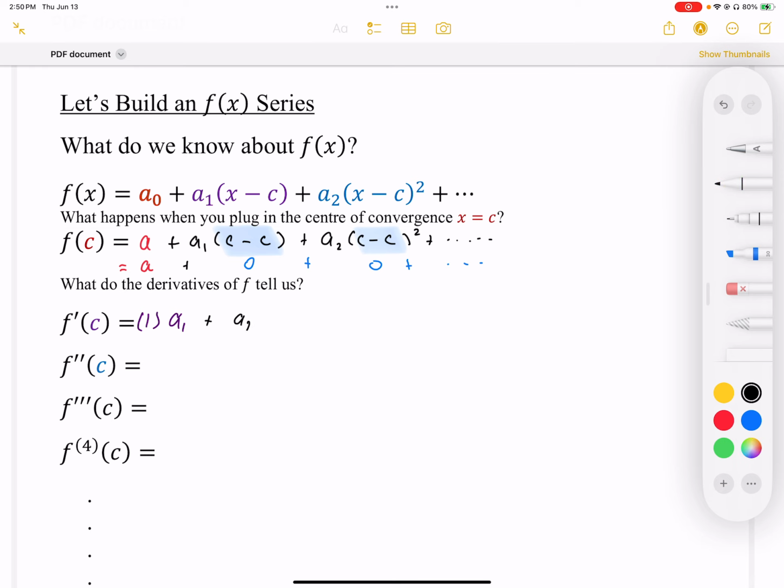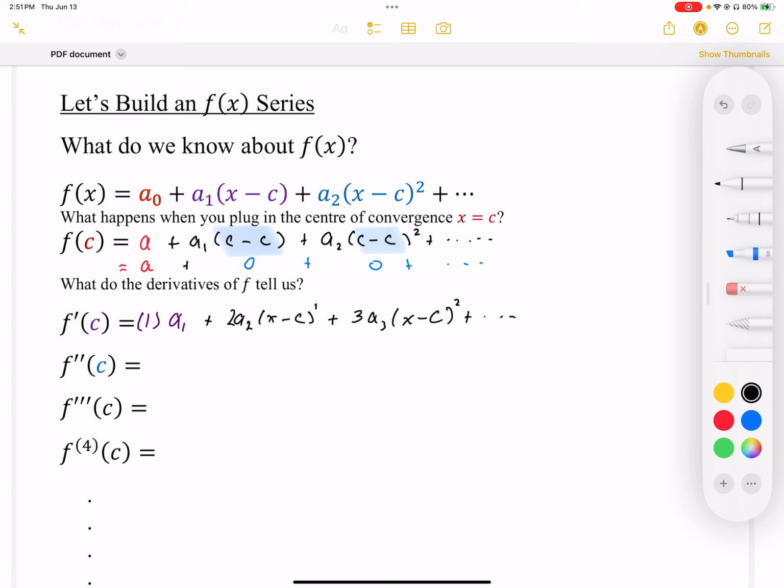Plus 2 a2 (x minus c) to the power 1, plus 3 a3 (x minus c) to the power of 2, plus dot, dot, dot.